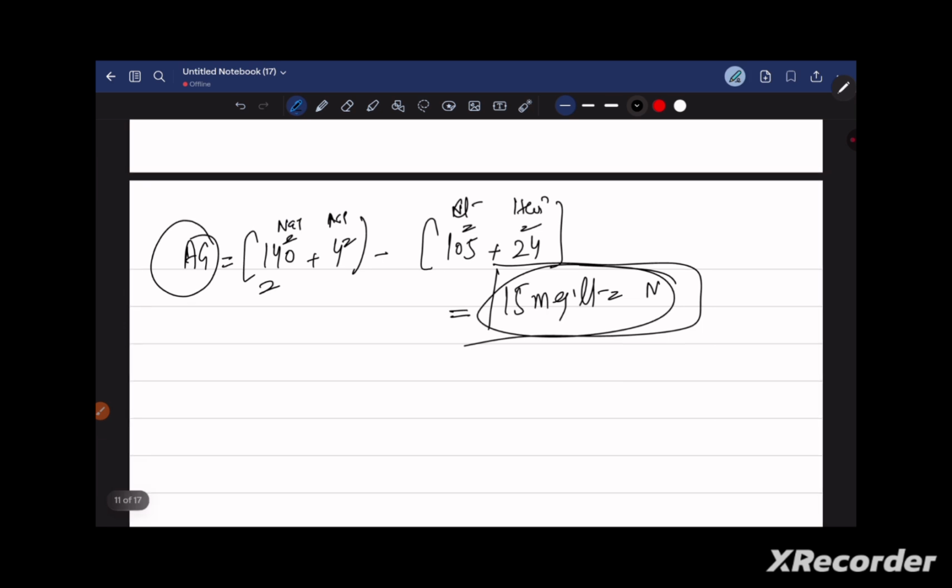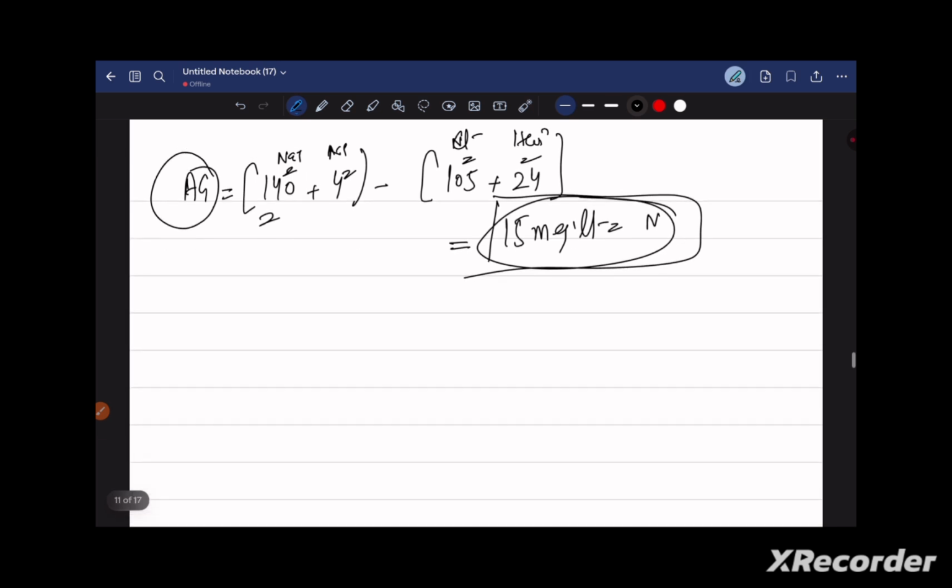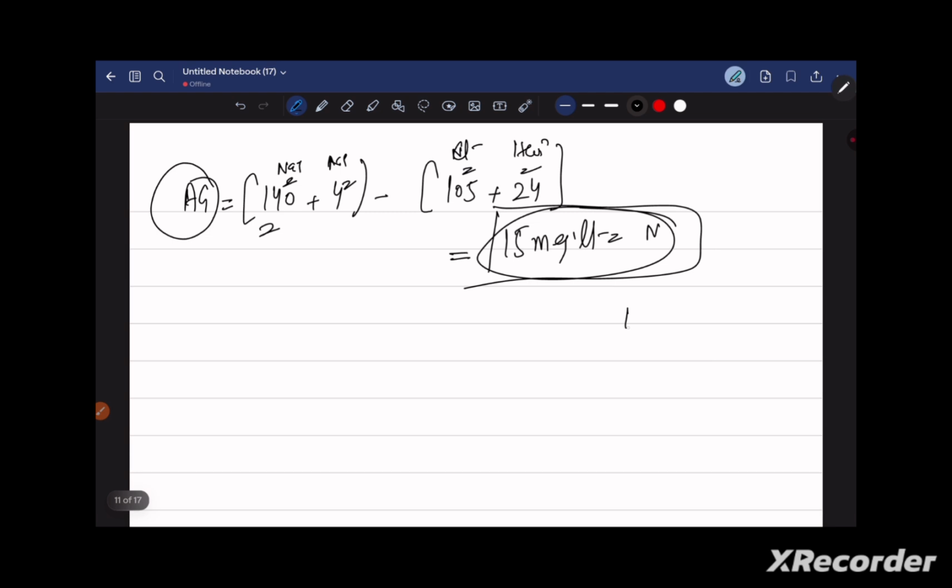Now, if you are recalling what I told you 10 to 15 minutes back, due to the increased production of protons in the process of ketogenesis, these protons go on consuming the bicarbonates, meaning the bicarbonate concentration in the body is decreasing.